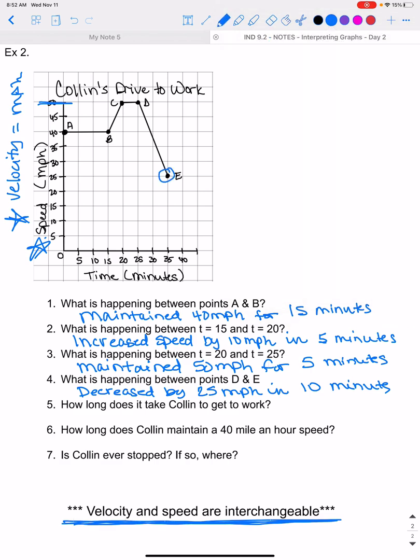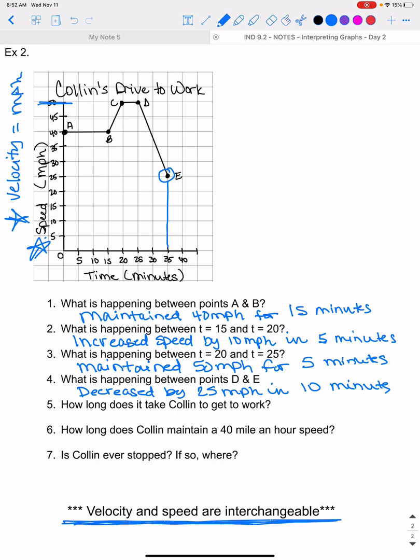So I guess we're just going to assume that Colin just screeched to a dead halt and just stopped. That's all we can assume, because what would have happened is he would have gradually slowed down from 25 to 0 over a minute or so. But we don't have that information on the graph, so we just have to go with what we have.